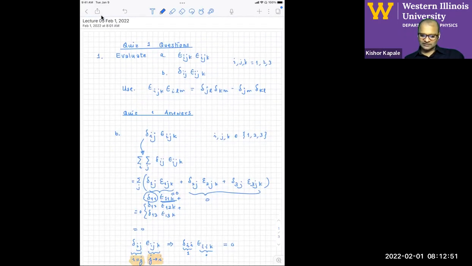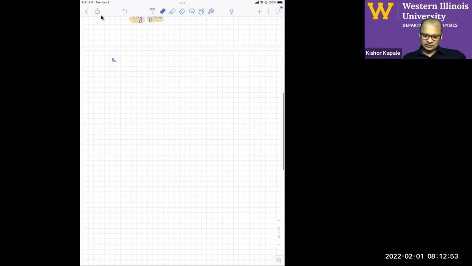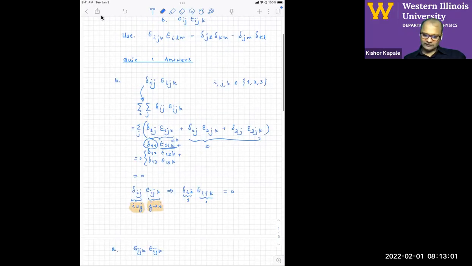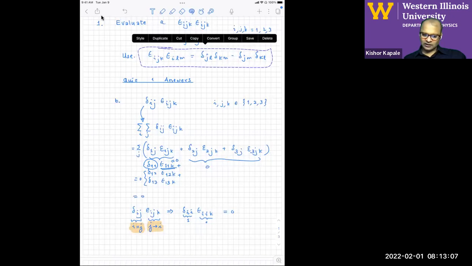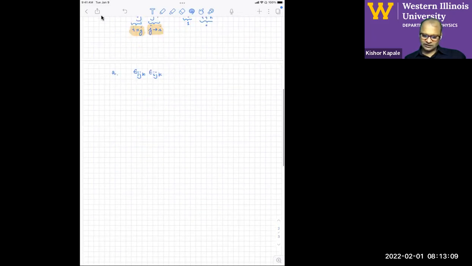So let's take a look at the epsilon ijk now. Epsilon ijk. And I gave you the delta function expansions of the product of the two Levi-Civitas. So let's use that.